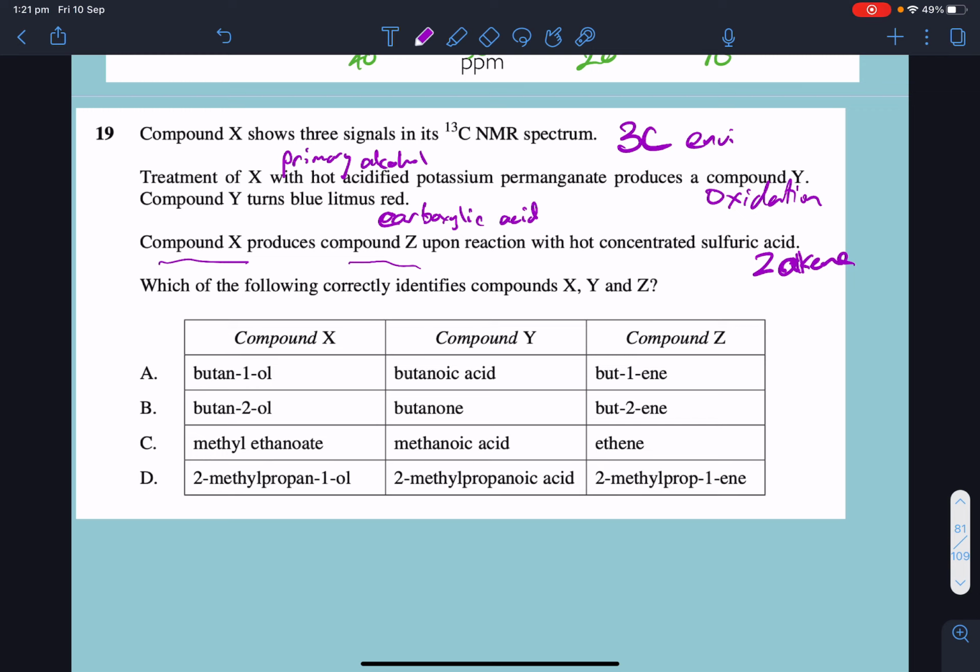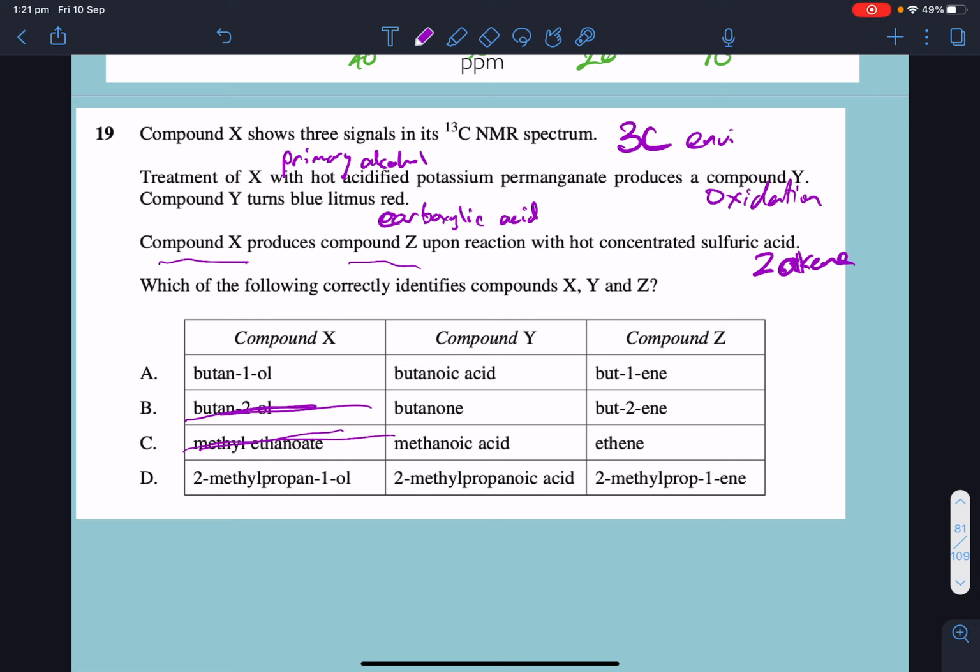We must have a primary alcohol. Butan-1-ol is a primary alcohol. Butan-2-ol is a secondary. Methyl ethanoate, no. And 2-methylpropan-1-ol is still a primary alcohol. It is going to a carboxylic acid, so butan-1-ol would go to butanoic acid.